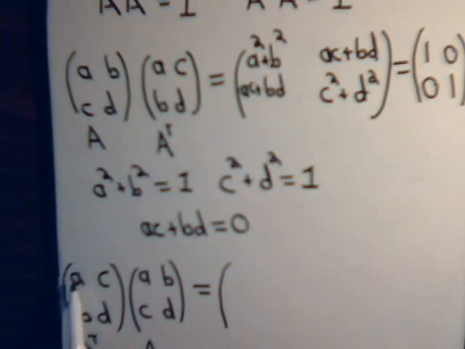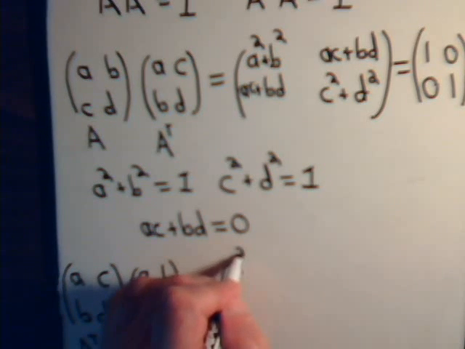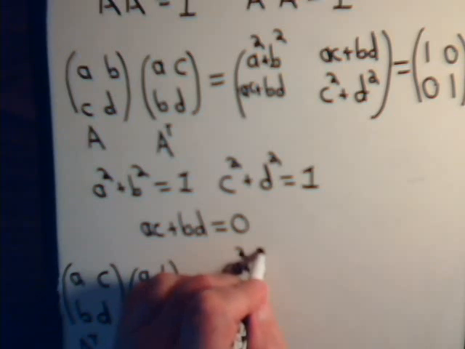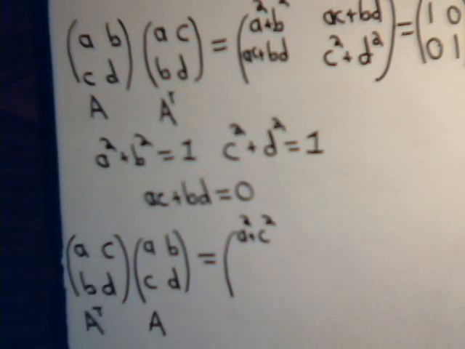So now we're going to have a squared plus c squared. And then underneath, going across and down, ab plus dc.